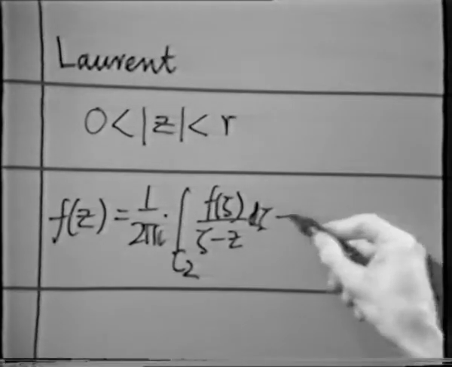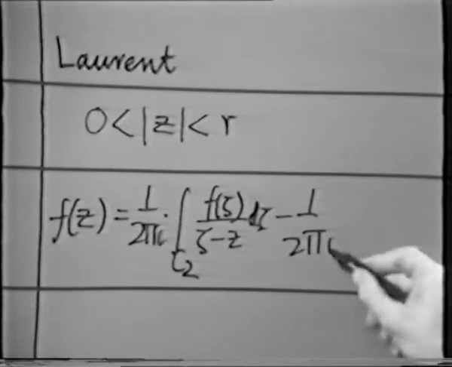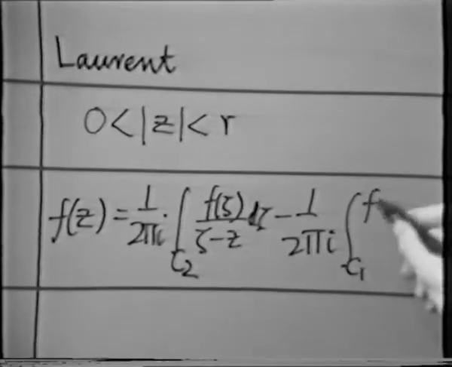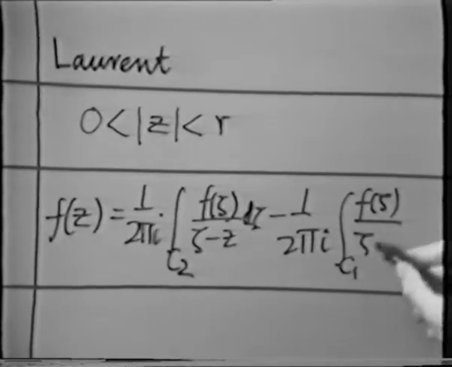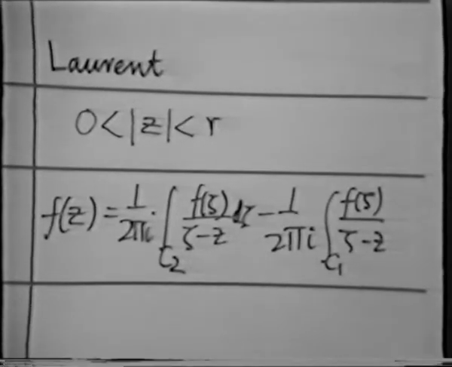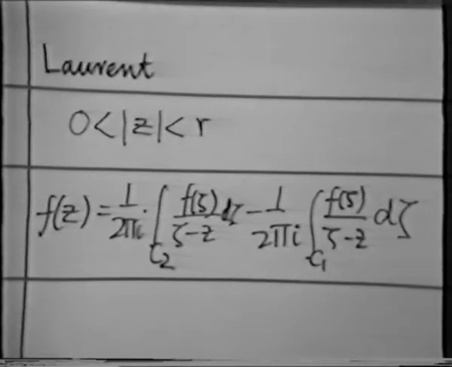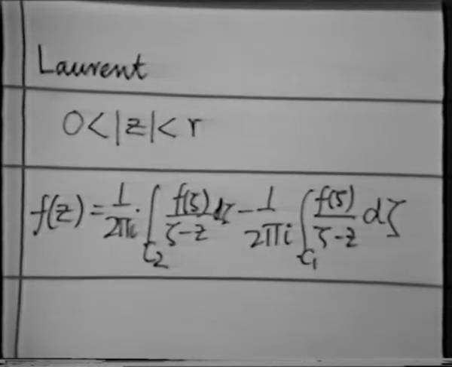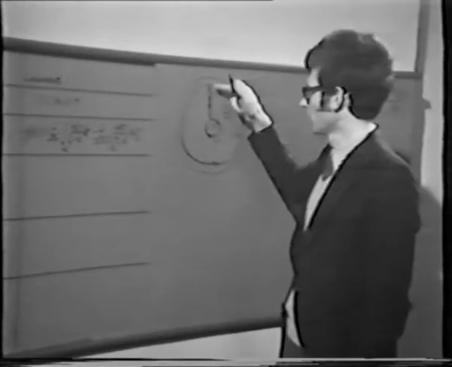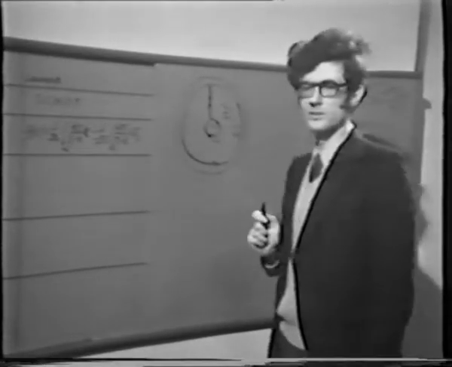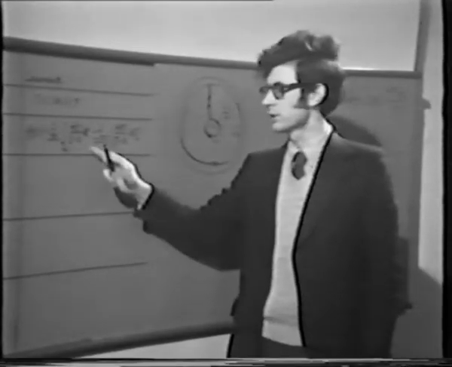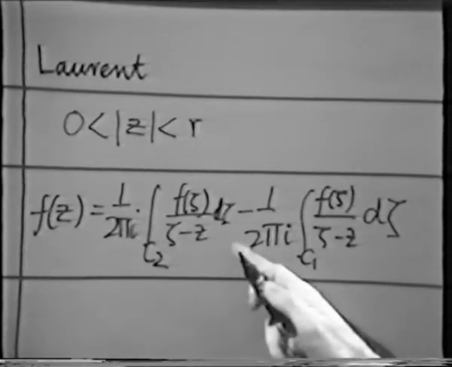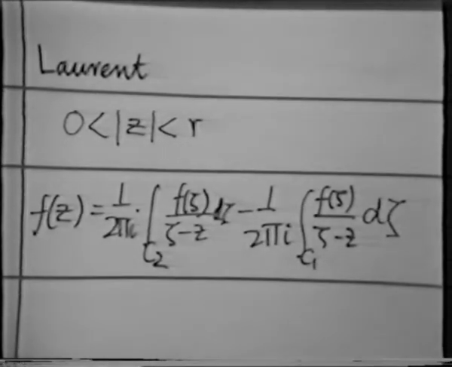We're going to go once round C1 in the negative direction, so that's where the minus sign comes from. Once out along that line, once back again, and so those two things cancel out. And here's our generalization of Cauchy's formula.